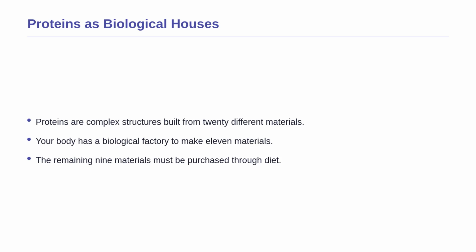However, your factory completely lacks the machinery to produce the remaining 9 materials. This means you absolutely must drive to the store and buy them. In the human body, proteins are the houses we build, and the 20 standard amino acids are our building materials. This simple analogy perfectly captures how our cells source what they need.